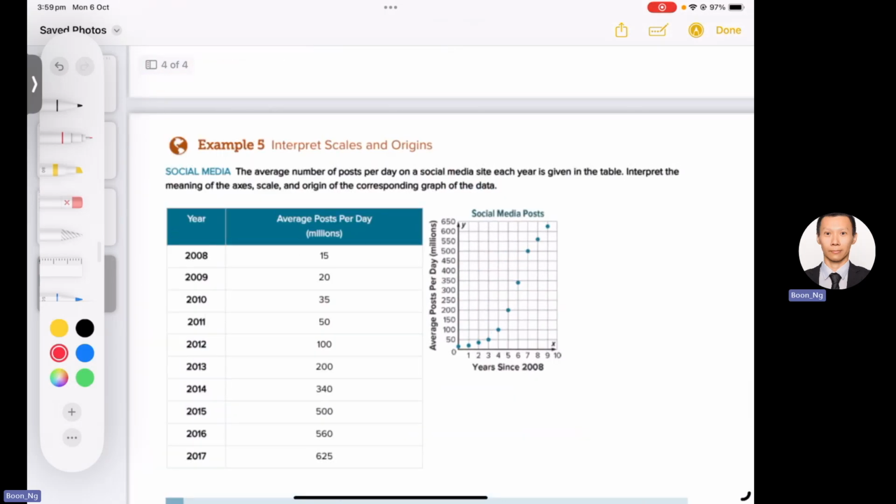So the average number of posts per day on a social media site each year is given in the table. Interpret the meaning of axis, scale, and origin.